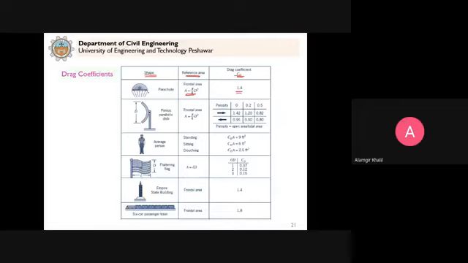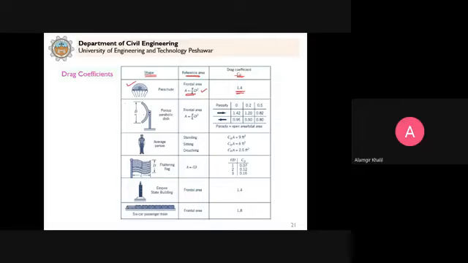So if, for example, we have this problem with a parachute and you are asked to calculate the drag force, you can calculate the frontal area by this equation. And you already know the density of the air. If, for example, temperature is given, you can read it from the tables. The velocity with which it is moving. So this drag coefficient you can use to calculate the drag force which is acting on this parachute.